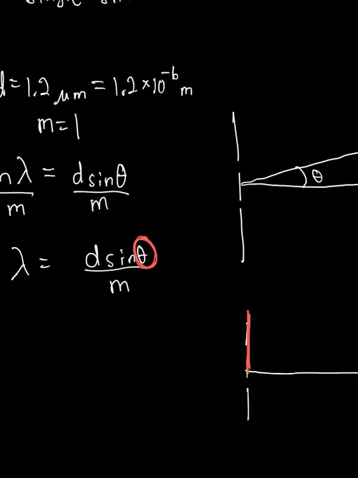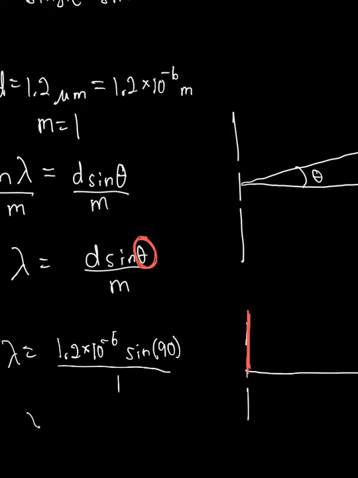So to find the maximum wavelength, I plug in that biggest angle. So I have lambda equals d, which is 1.2 times 10 to the negative 6, times sine of 90 degrees, all divided by 1. Plug all your numbers in, you get 1.2 times 10 to the negative 6 meters.